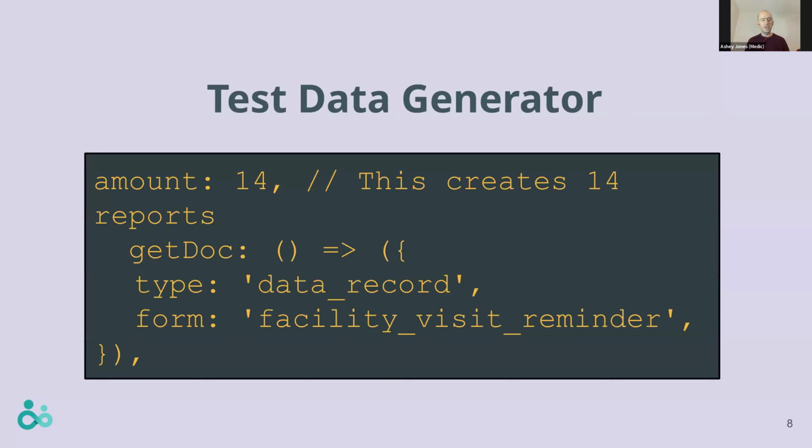Now, as Josh mentioned, there's this open source tool, the test data generator, and what this does is it allows you to take a JavaScript script that you've written to generate data. And this was really important for us because we wanted to artificially be able to quickly throw a whole ton of data into a CHT instance and see what would change.